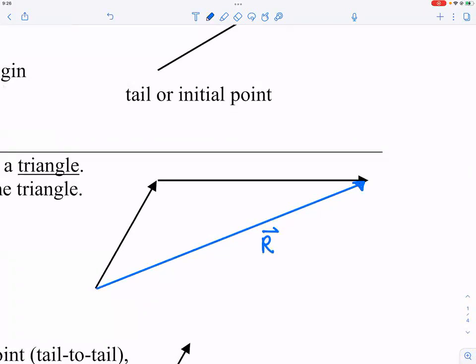This is a resultant, indicating where it starts and where it ends. And to indicate a vector, we always put a little arrow on top of the letter to indicate that this thing is not a variable. It's actually a vector.